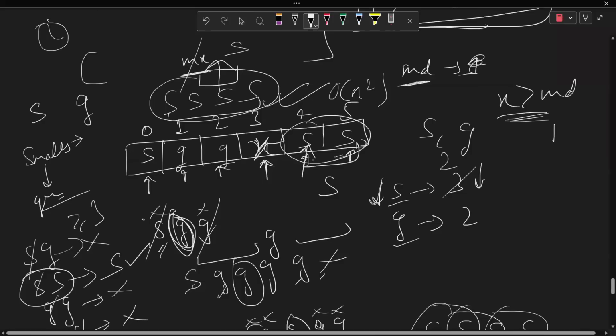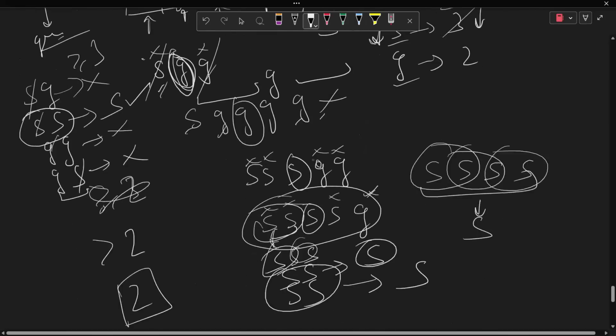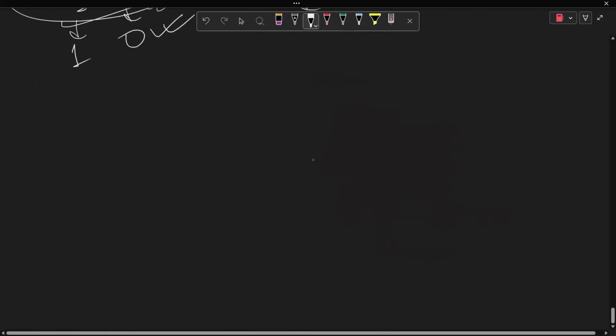After that, maintain a set of indexes, storing the indexes of S. So if you are going in ascending order, you are going with a value of 1, then a value of 3, then a value of 5.